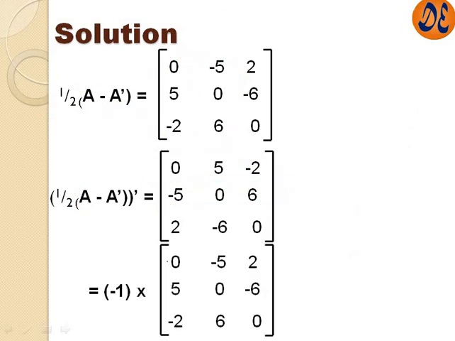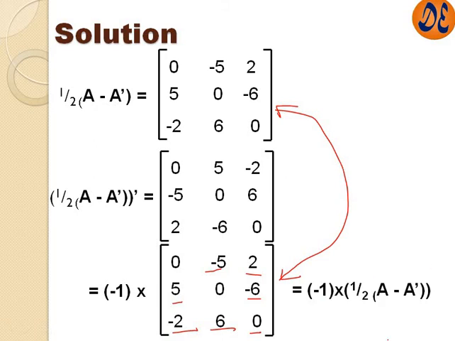If we take minus 1, that means we are taking minus 1 from this particular matrix. What does it mean? We will have to change the sign of all the elements inside. So I am changing all the signs over here. Once you change all the signs, you find that both these matrices become the same.